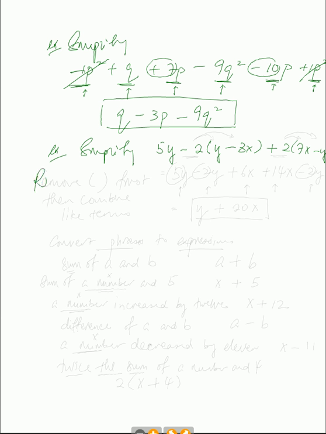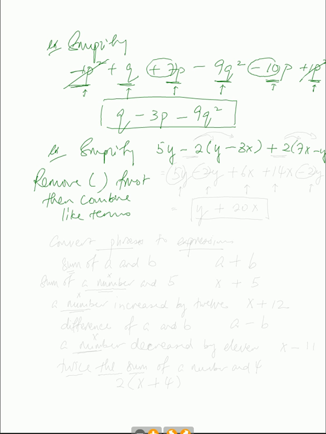What you're going to have to do is to remove parentheses first, then combine like terms. You cannot really combine them when they're still in their own little parentheses. So you're going to have to remove the parentheses first. So let's see if you remember how to do this.